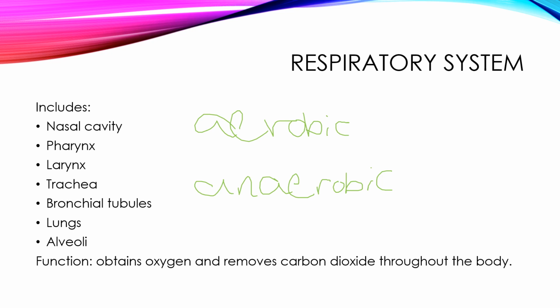Your aerobic metabolism is in the presence of oxygen. So this means your cells are oxygenated, they're happy, they can make ADP, ATP, all the things they need in order to survive and carry out their function. Anaerobic is without oxygen.